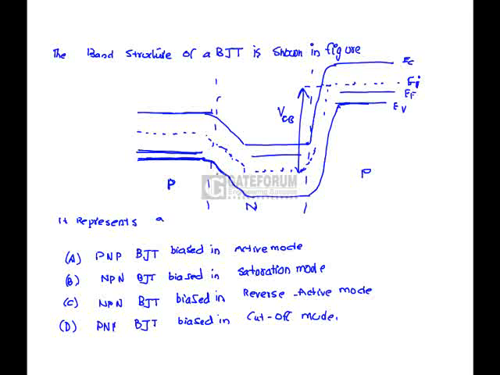Here the difference between these two Fermi levels is VEB, meaning this potential is more reverse biased. VCB is greater than VEB, hence the collector junction is reverse biased and the emitter junction is forward biased. So it is a PNP BJT biased in active mode, hence option A is correct.